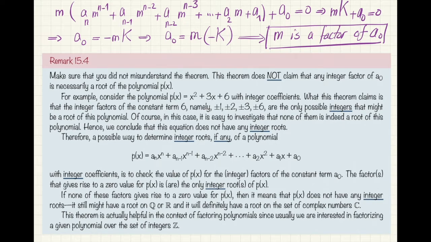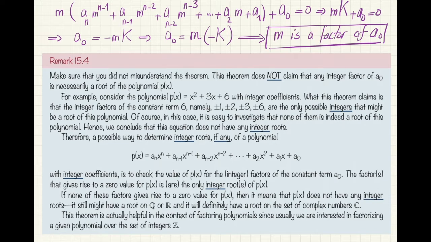If you finish checking the list of factors of a0 and you don't get any roots, it means that the polynomial doesn't have any integer roots at all. Of course, it still might have a root on Q or R, on the set of rational numbers or on the set of real numbers. And of course, it will definitely have a root on the set of complex numbers.